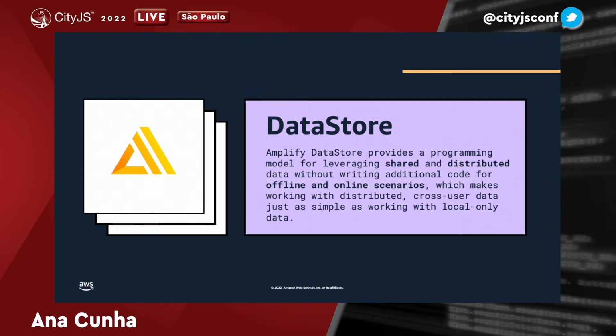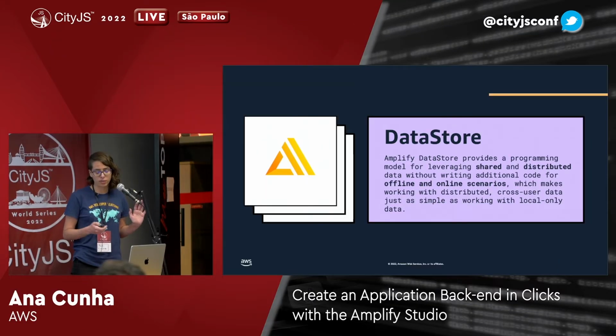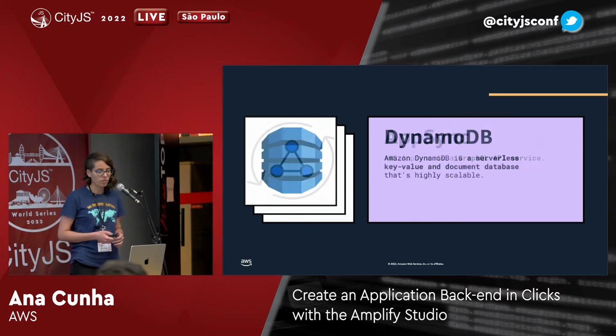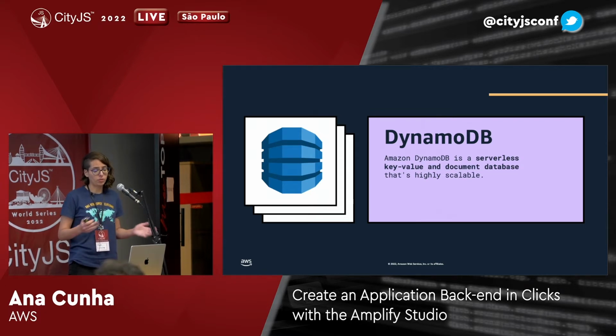And the data source is two AWS services that you don't have to know if you are using Amplify. The first is AppSync, our GraphQL API service, and the other is DynamoDB, a highly scalable database. When you create a schema, it creates the table for the data and the API to have access to everything.